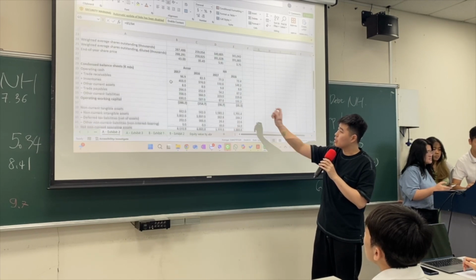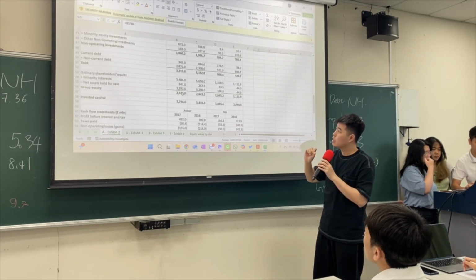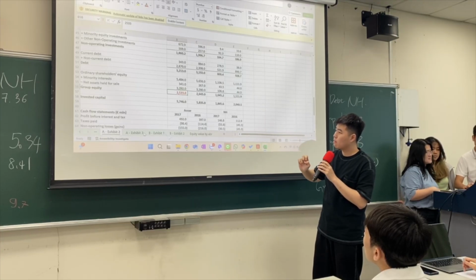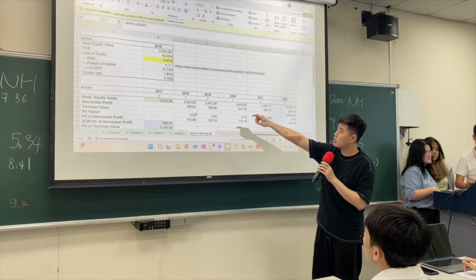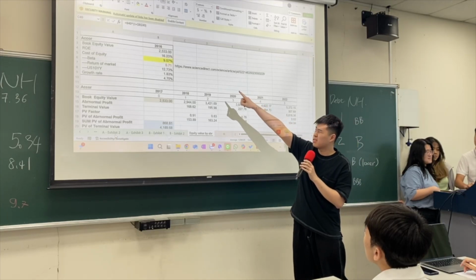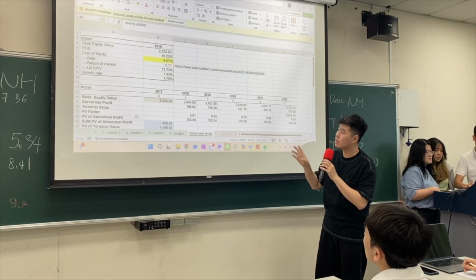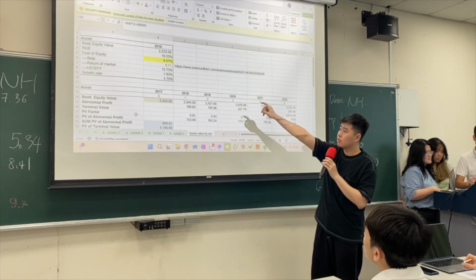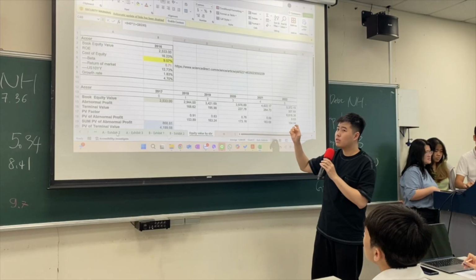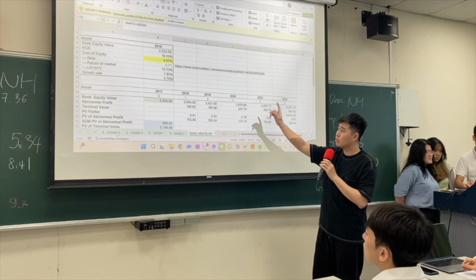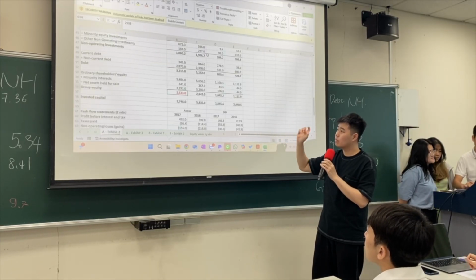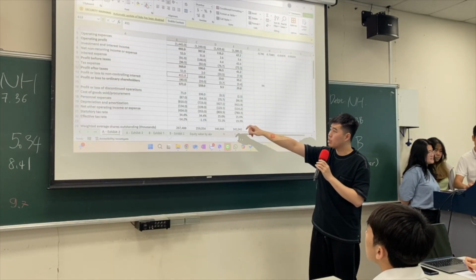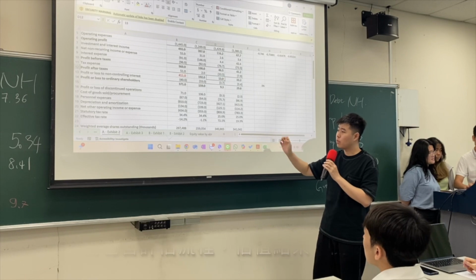I'm sorry, there is a typo: it should be 2017, 2016. And for the ROE, we calculate it by using the net profit and dividing by the book equity value that we already showed you.